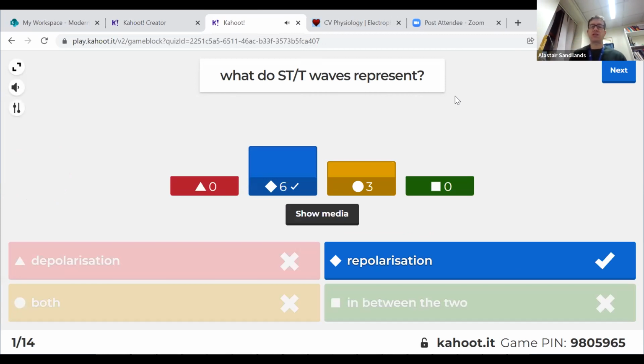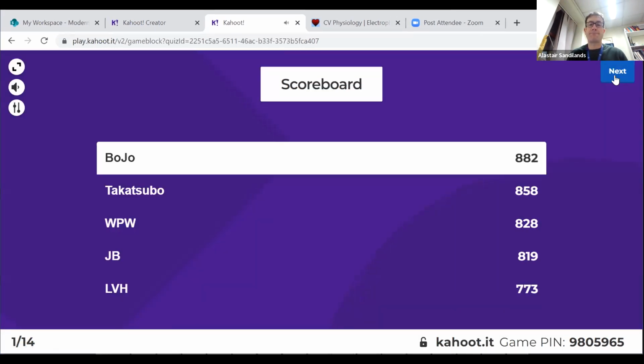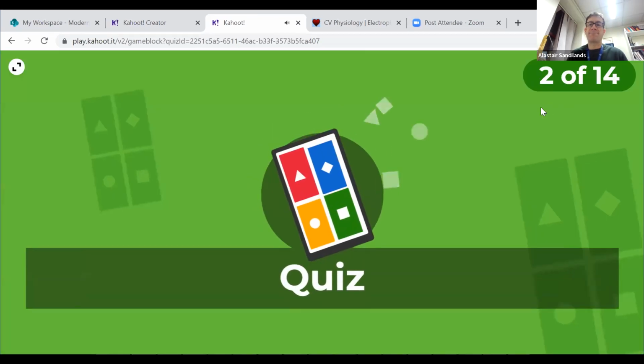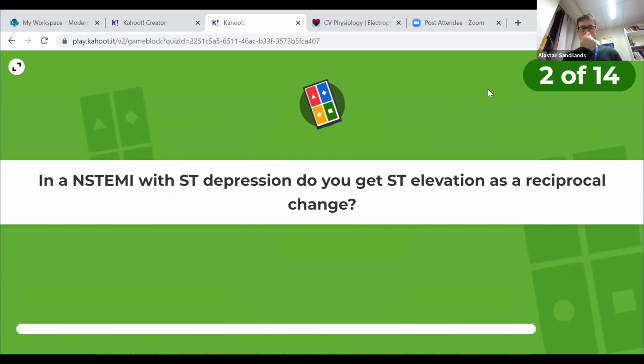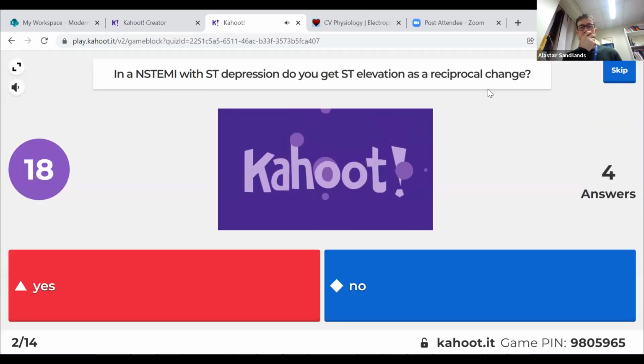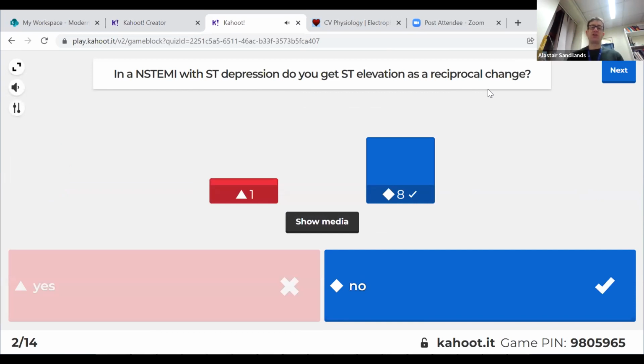So repolarization, yeah, repolarization. Don't forget QRS is depolarization. QRS is depolarization. Okay. Very good. You do not get ST elevation as a reciprocal change in a non-STEMI.